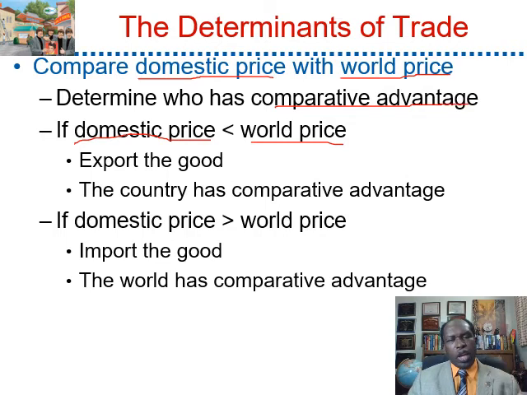Therefore, country A should export textile to other countries, and we say that country has a comparative advantage in the production of textile.